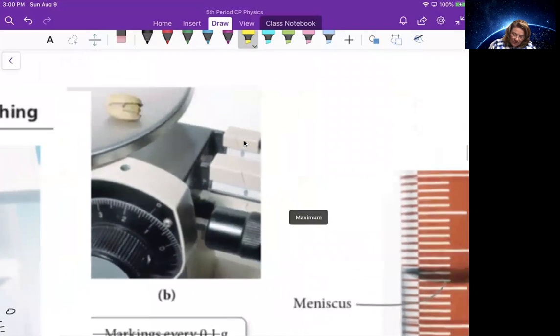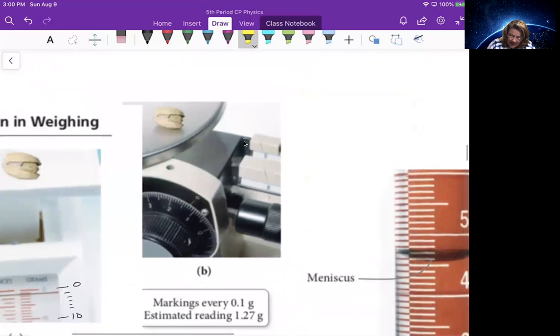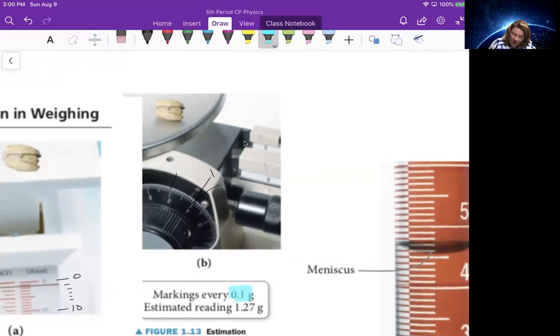Same exact pistachio, now on a different device. There's my 1 gram, this is my 2 gram, and then I have lines between 1 and 2, and those are 1.1, 1.2, and so on. Now I have marks every 0.1 gram.